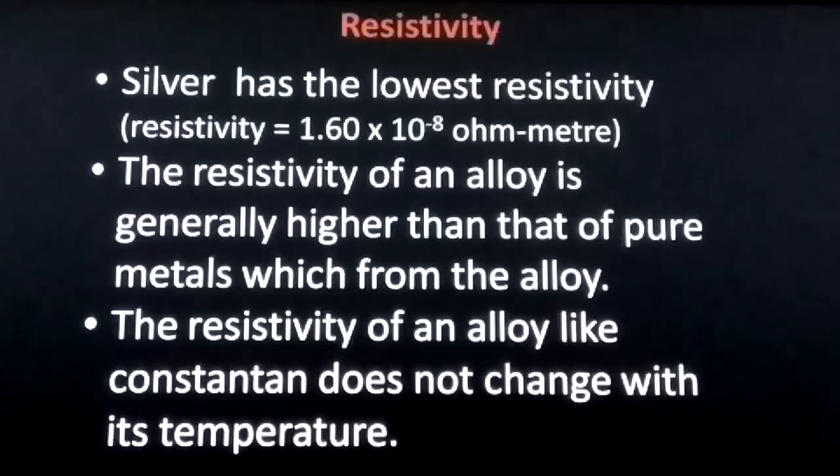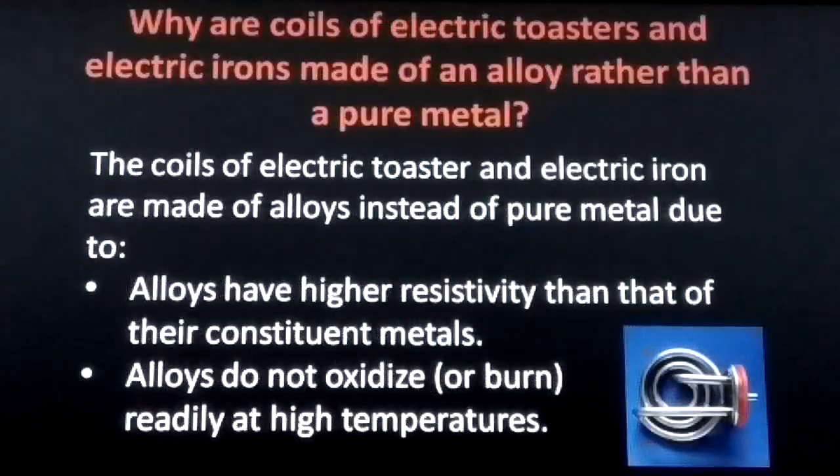For example, in the bulb we use tungsten, for the purpose of lighting. Whereas in an iron box and heater, we produce a heating effect. Observe now, this will give you the answer to your question.